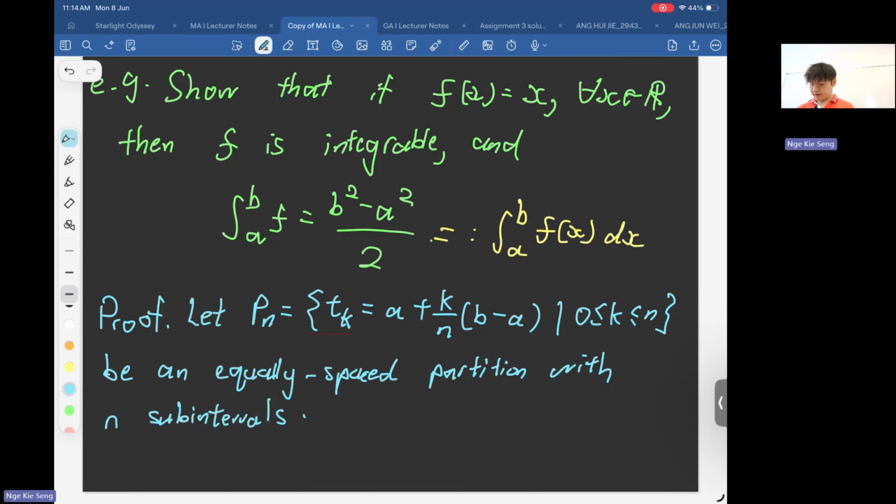Okay, so if you draw this graph out, let's say from a to b, that's why you divide into 1 over n.